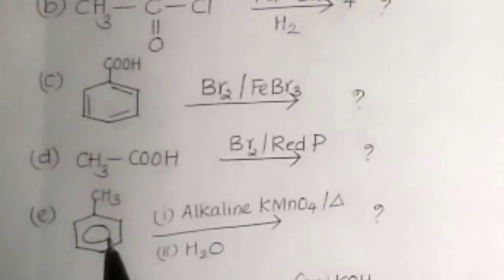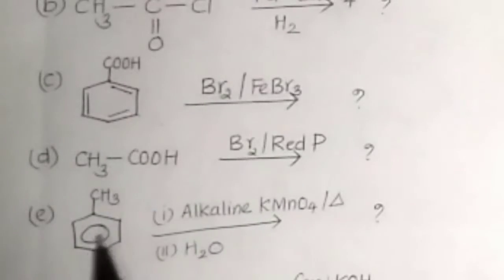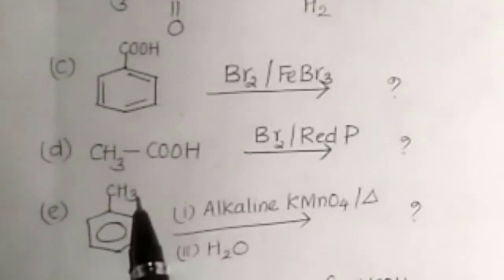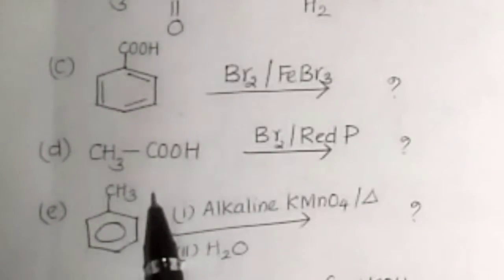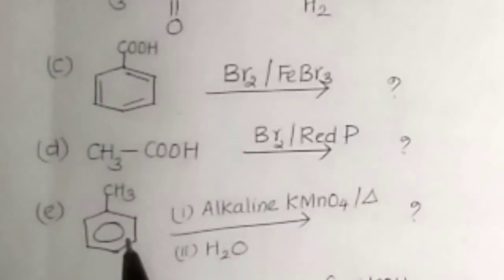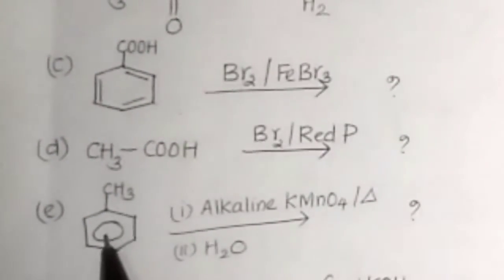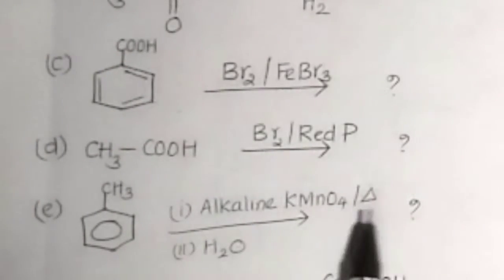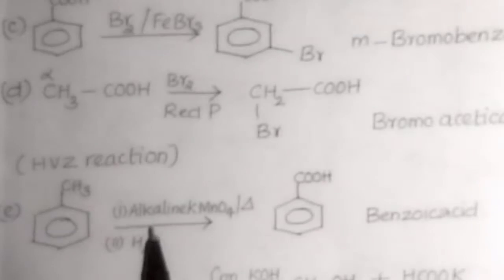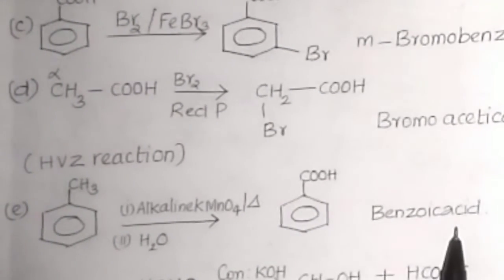You know, in this methylbenzene or alkylbenzene, if a methyl group, ethyl group, propyl group, or any alkyl group is present on the benzene ring, it is oxidized to form a COOH group on the benzene ring. So we get benzoic acid. Our answer is toluene on oxidation followed by hydrolysis yields benzoic acid.